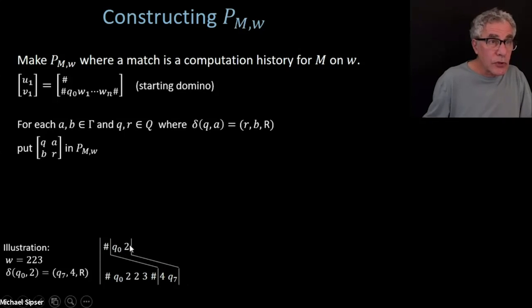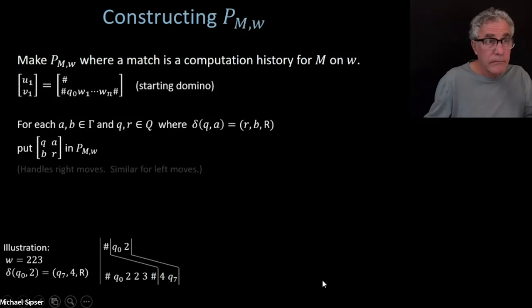So Q02 is going to be on the top when I put that there, but that's going to force 4Q7 to appear at the bottom because that's what's going to be the bottom string corresponding to the Q02 on the top. Okay? So if you're looking down here, this is the beginning of the second configuration of the machine. That's what I want to be happening. That match should look like a computation history.